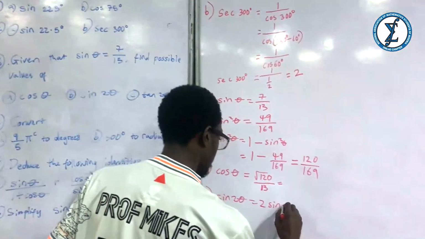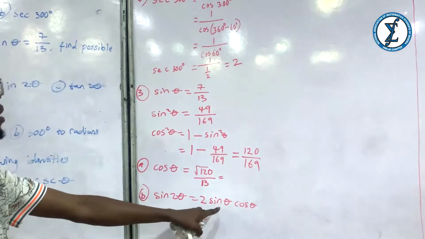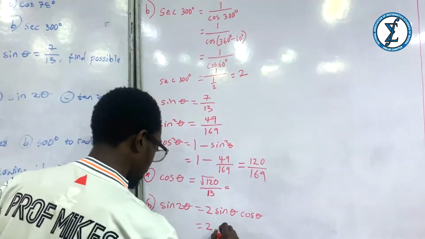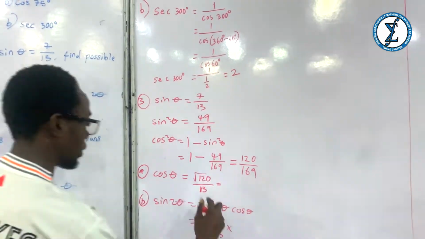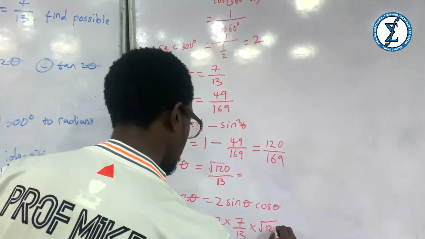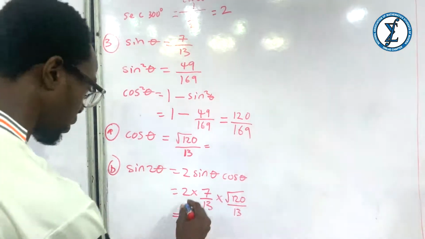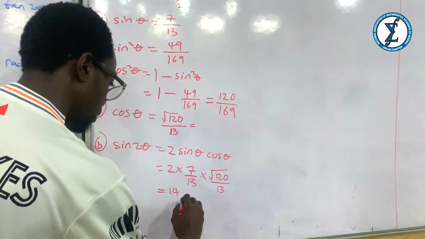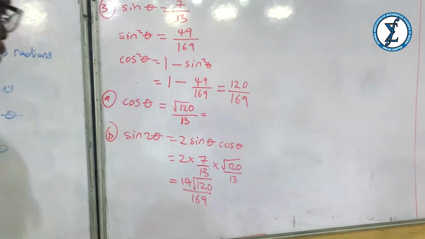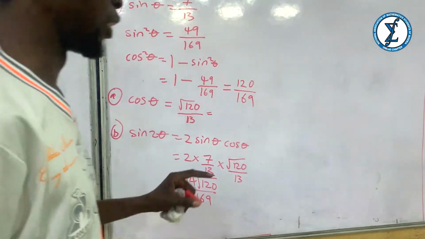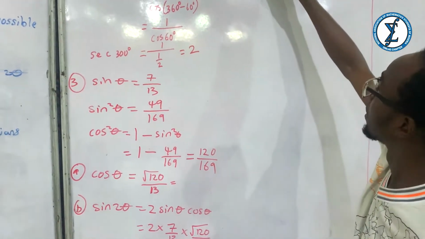We have sine theta to be 7 over 13 as given, and cos theta to be root 120 over 13. And so this should give us something around 14 root 120 over 169. You should look for your answer in the options. It might have been further simplified, it might be just like this. C.